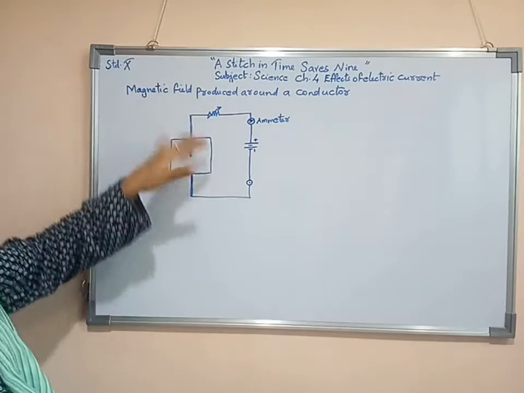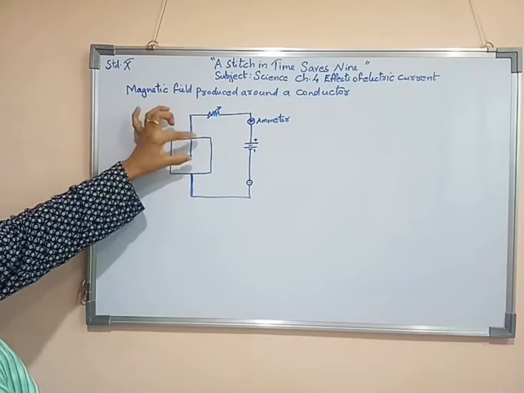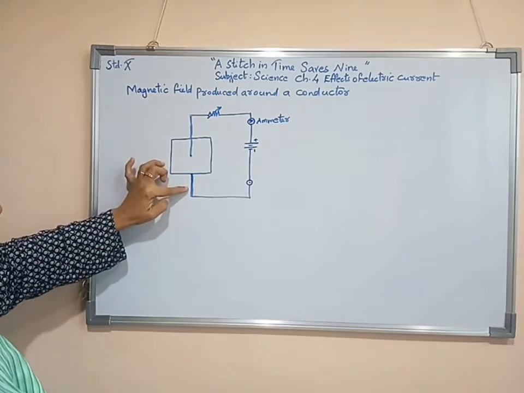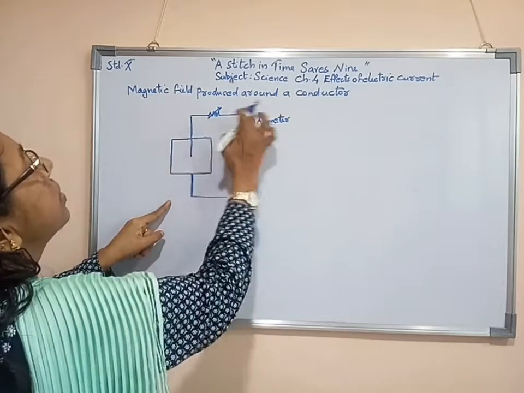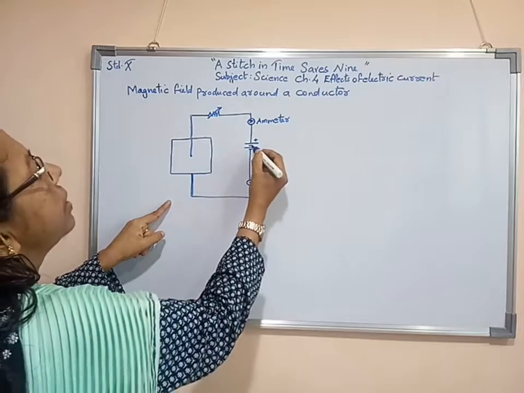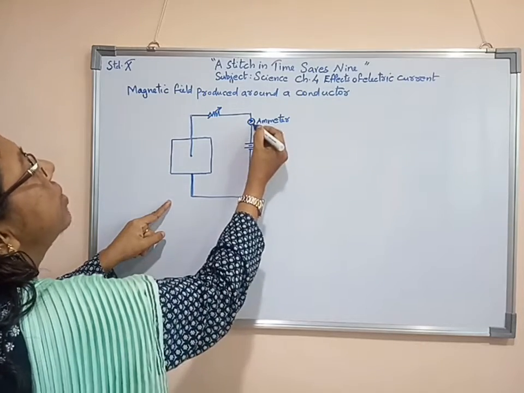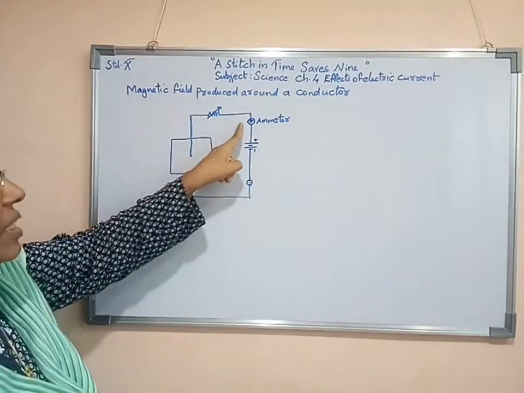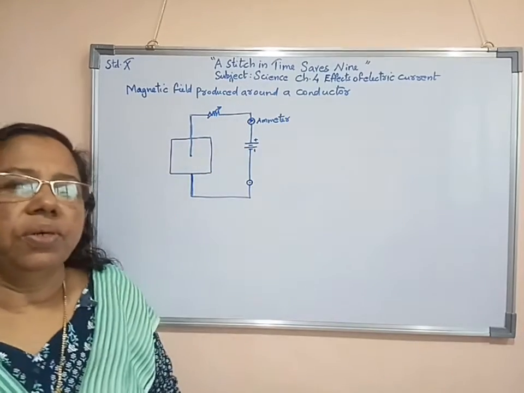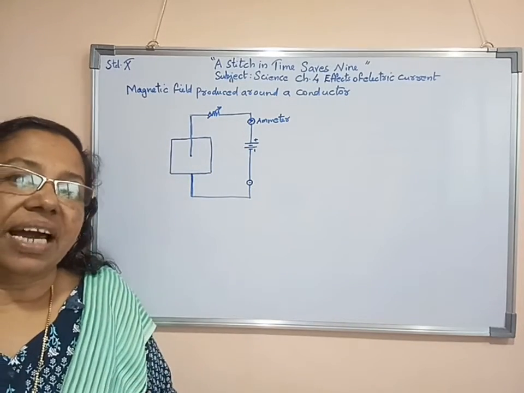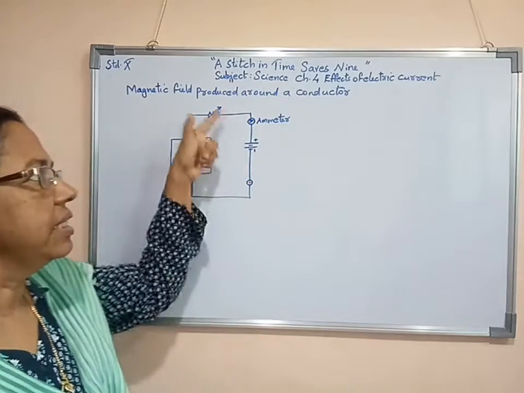Now in this circuit, the copper wire I took is connected with the other copper wire. Then here are the cell, key and one ammeter. The ammeter's function is to find how much current is passing through this circuit.